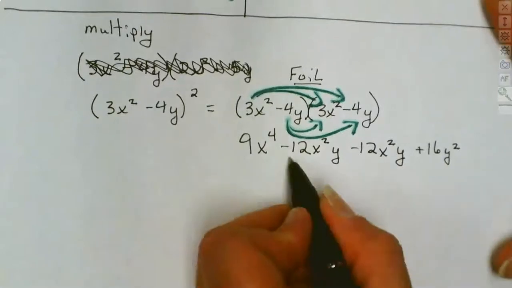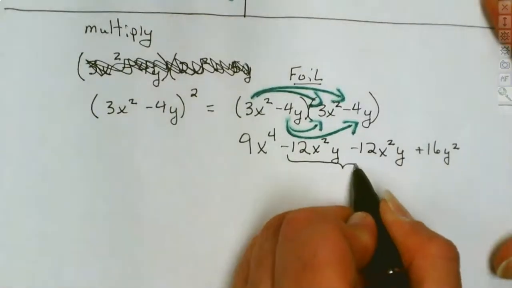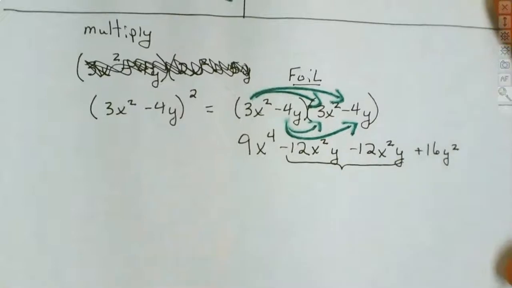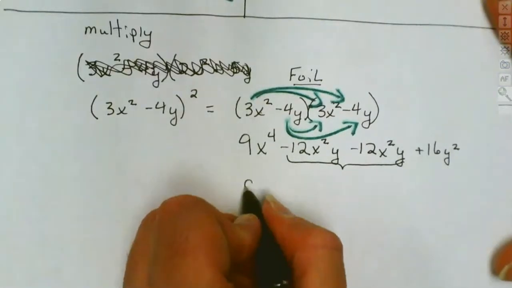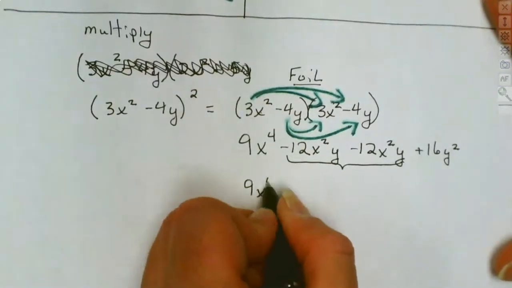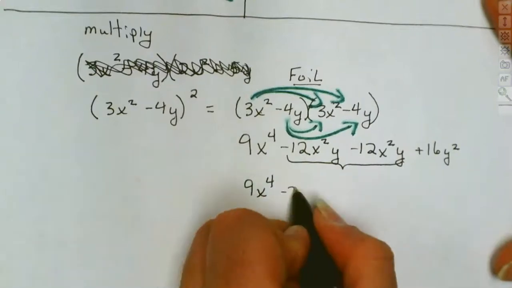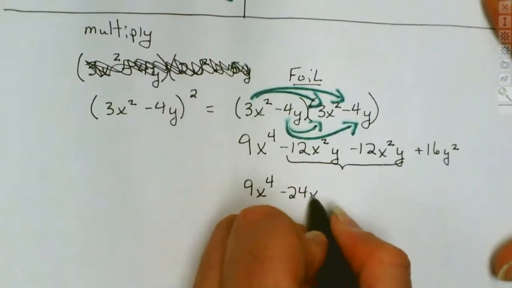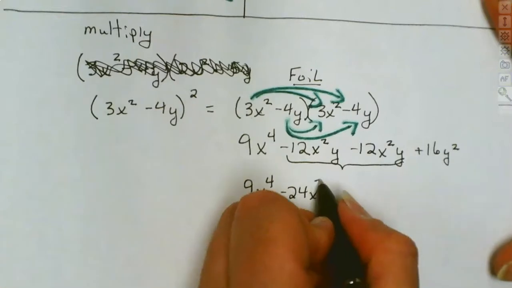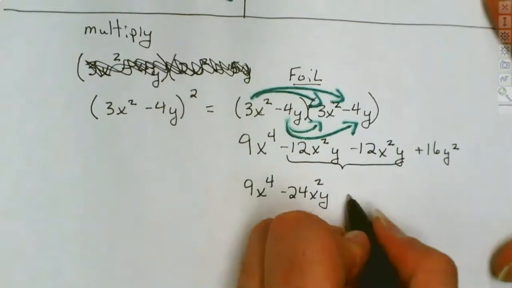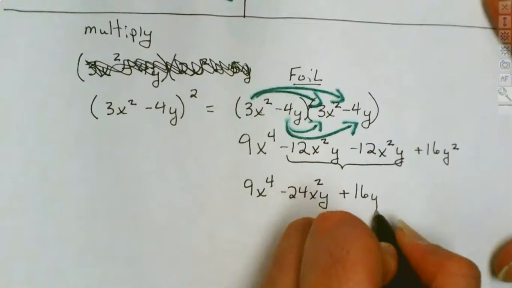What can we do? Can the middles go together? Yep, those are the same, aren't they? So my final answer would then be 9x to the fourth minus 24x squared y plus 16y squared.